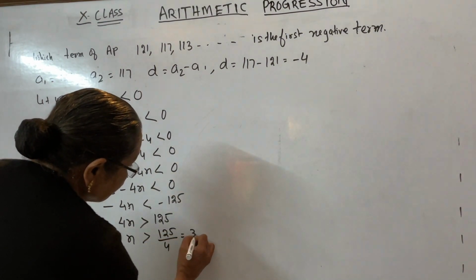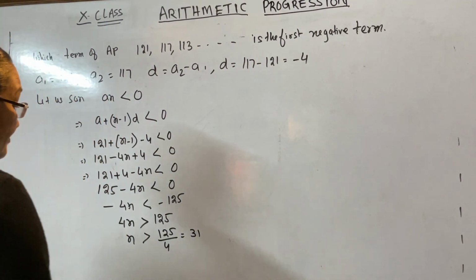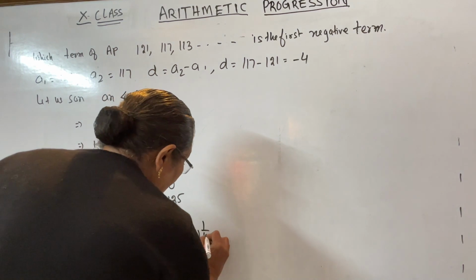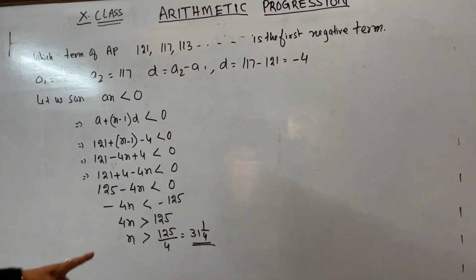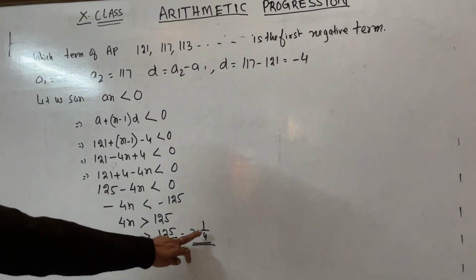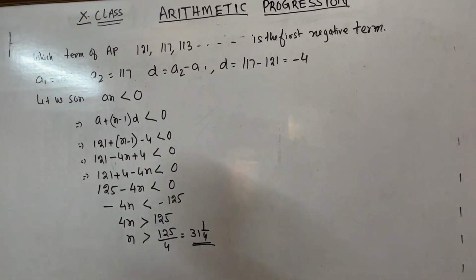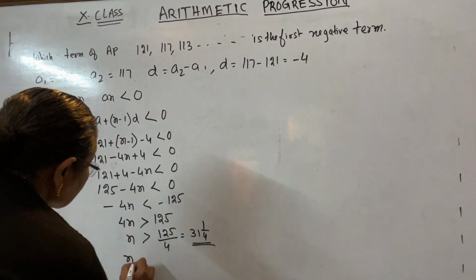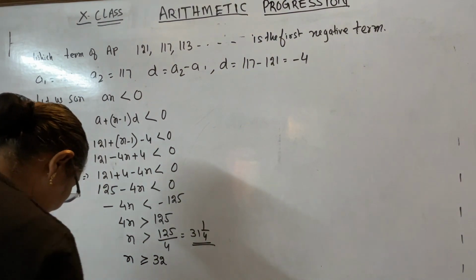Then 4 3s are 12, 4 1s are 4, 1 upon 4. Now what it is coming? This is what? First up to that, then 31 1 upon 4 you should take. 32nd term is our n is greater than equals to 32nd term.